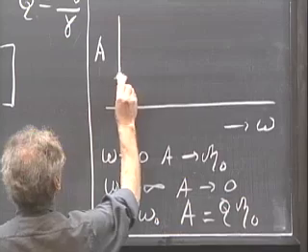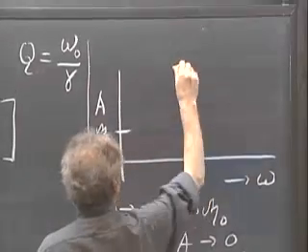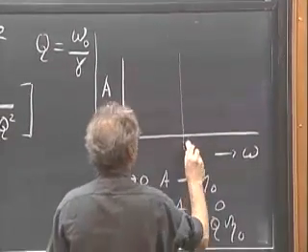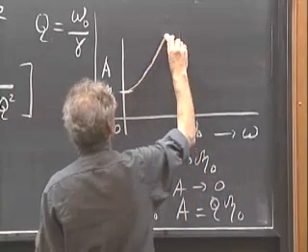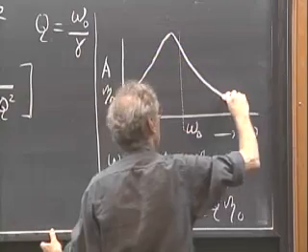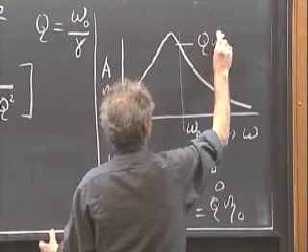And so here, you get eta 0, if omega is 0. And then when you reach that omega 0 frequency, you come out high, and then it goes back to 0, and this point here is Q times eta 0.